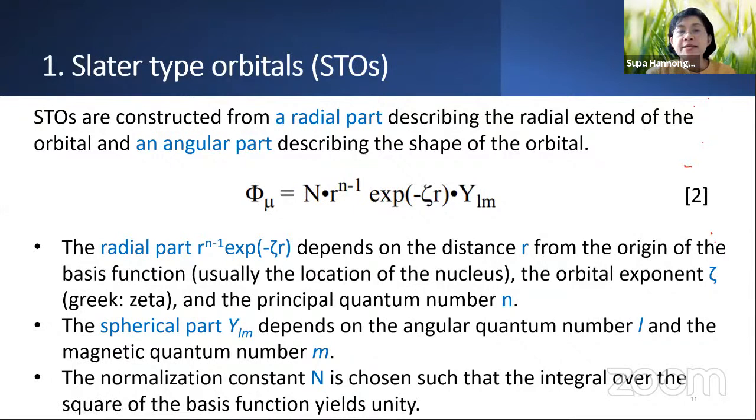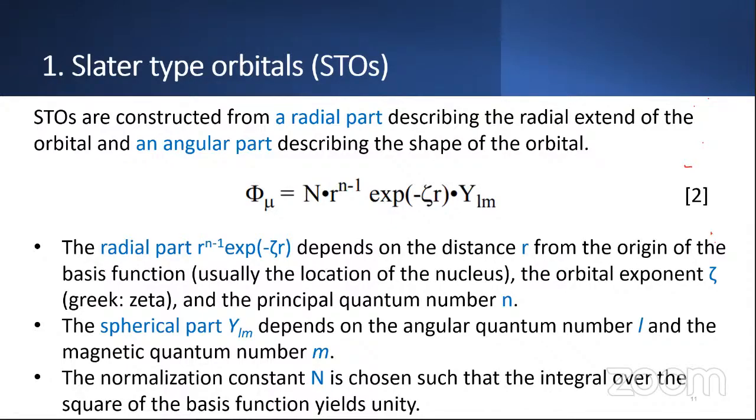We call it normalization or orthogonal. This is something behind the scenes. Some of you who have studied modern physics and quantum chemistry may be familiar with this principle. So the Slater type orbital is very, very simple and important as the first basis function that we consider.